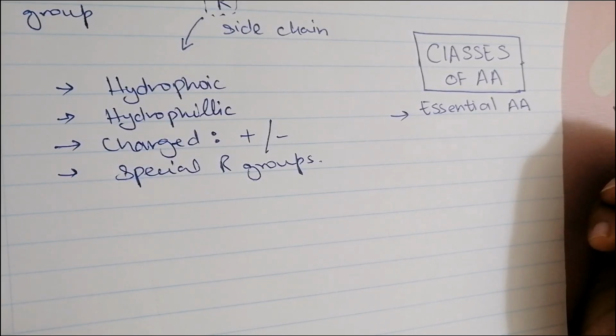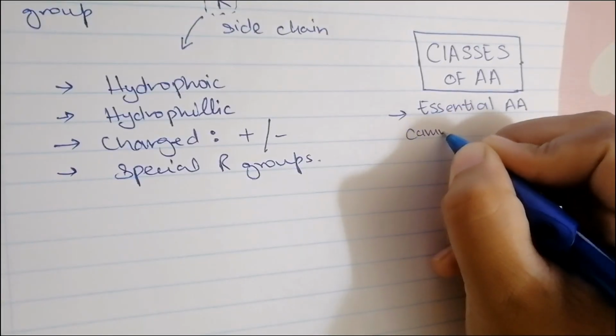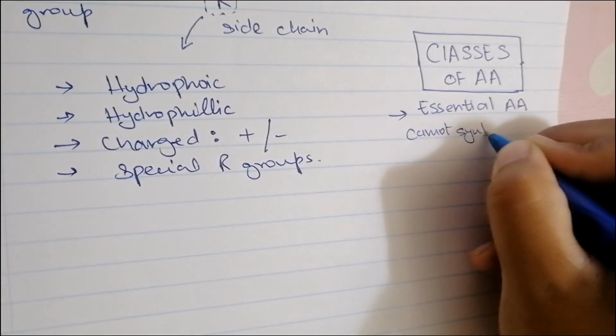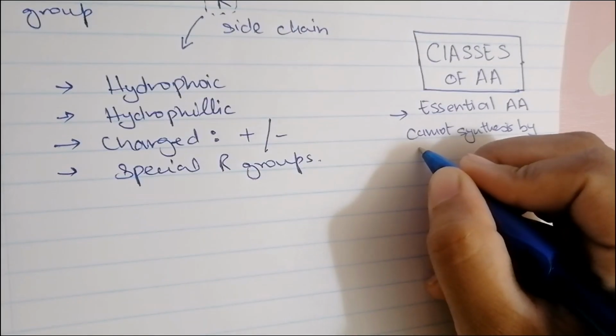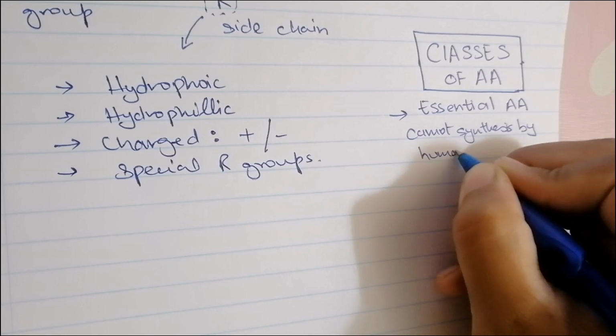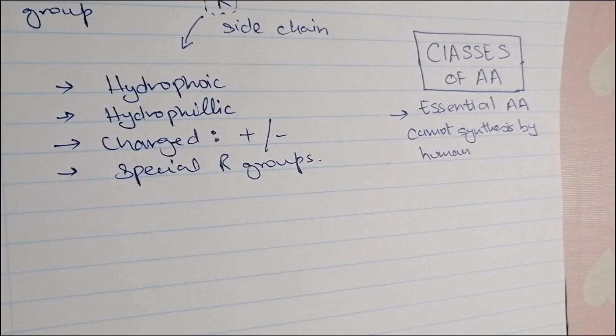These can be your cysteine, arginine, valine, leucine, lysine, histidine. So they cannot be synthesized by humans, right? So they have to be obtained from the food.